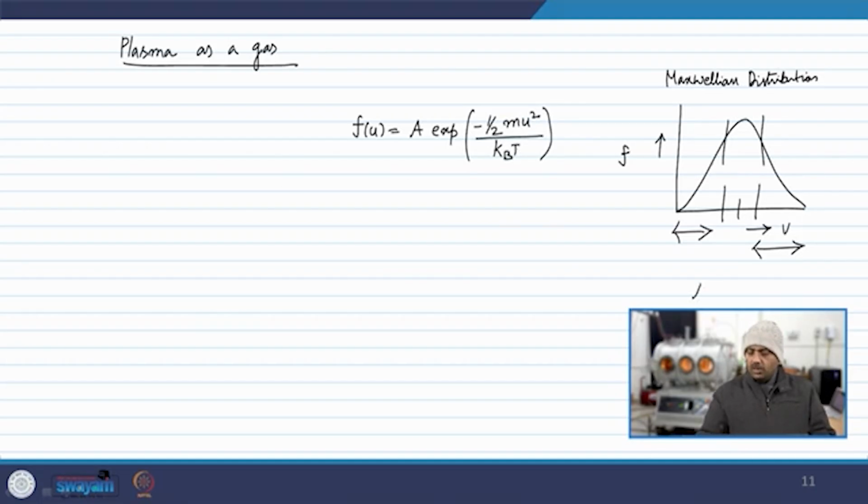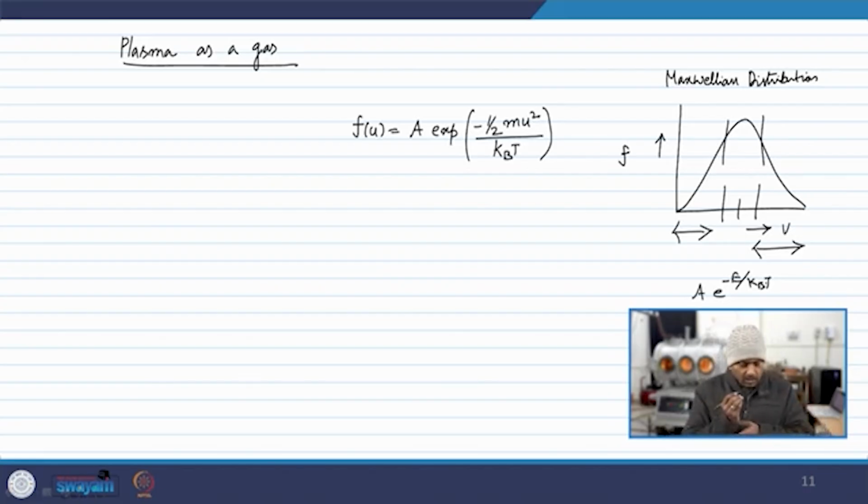This is nothing but A e to the power of minus E by kBT that we are familiar with, right. What does it tell? It tells that for a given velocity, what is the probability? Let us say for larger velocities, the distribution function will be smaller, the number of particles which will have this velocity will be smaller, and things like that.